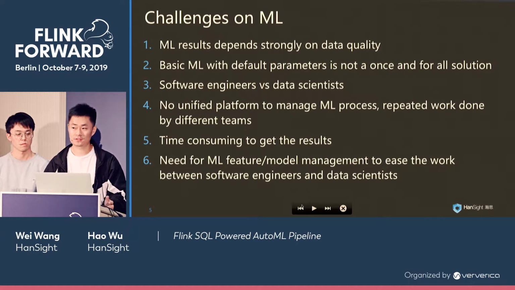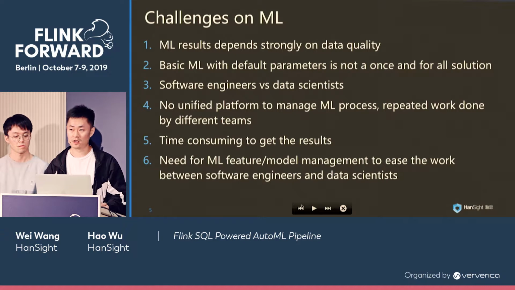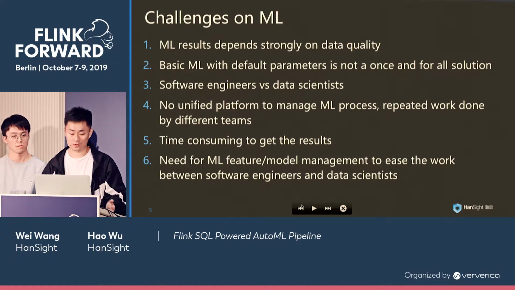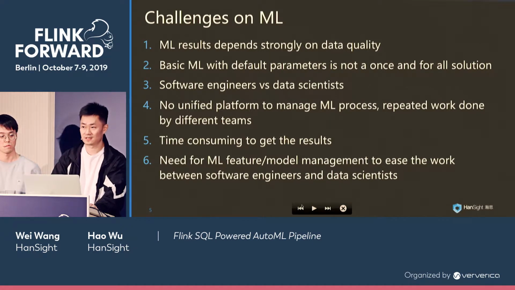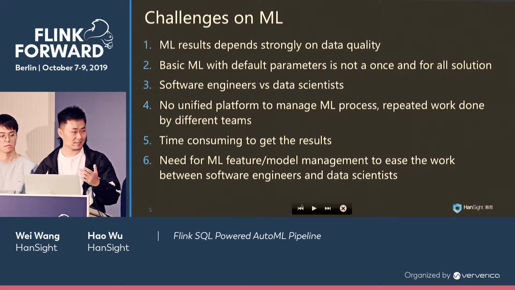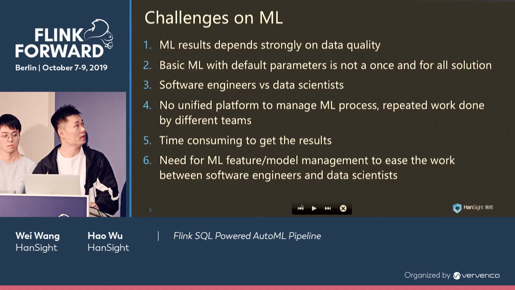So if you are trying to sell your product, you need to find a way to make the co-work of these two kinds of people easy. That's why we need machine learning feature and model management to ease the work between software engineers and data scientists. So that's about the challenge we are facing right now.